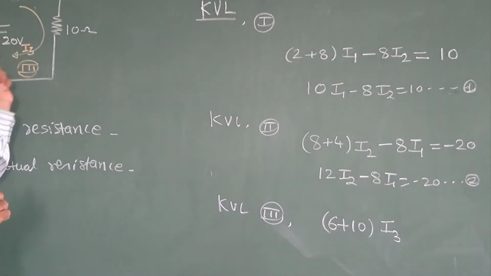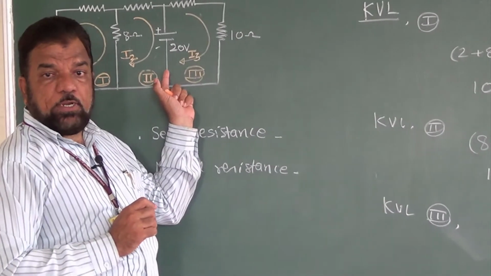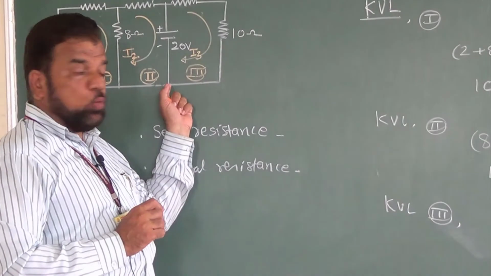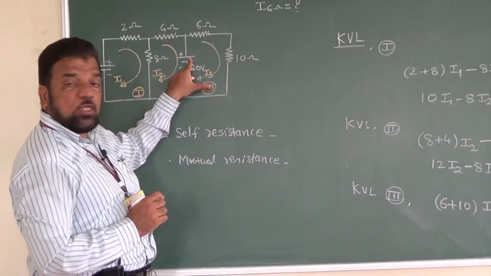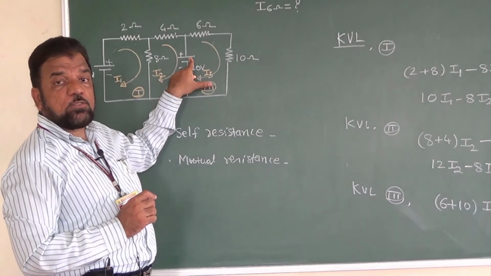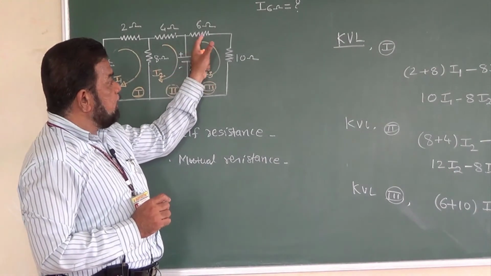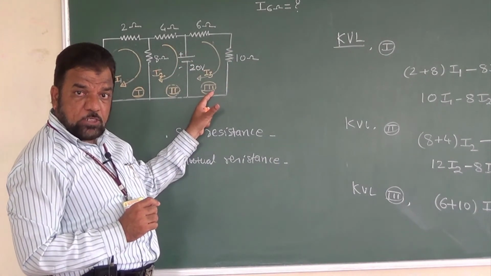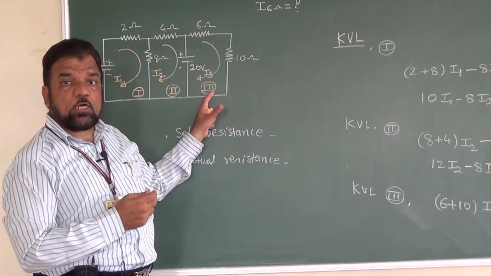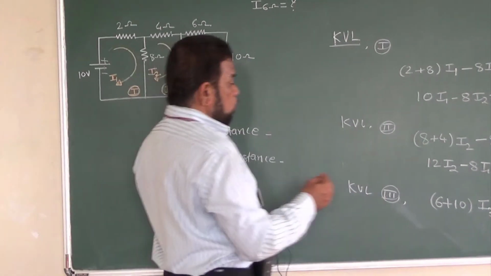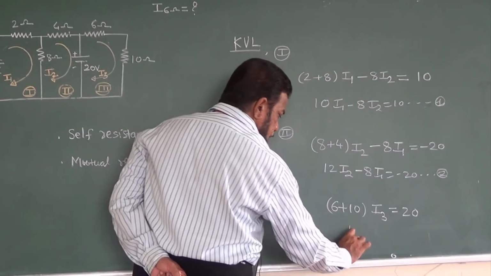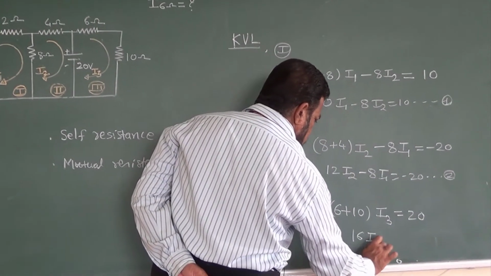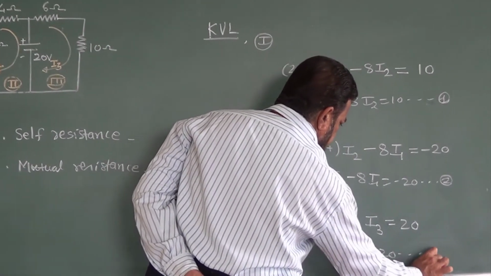There is no mutual resistance between mesh 3 and mesh 2, simply a battery is there. Once again, if you check the polarity of the battery, the upper terminal is positive. That means this battery is delivering the current in the same direction as loop 3. So whatever your drop is there, that drop is plus. That means your equation is 16 I3 is equal to 20.